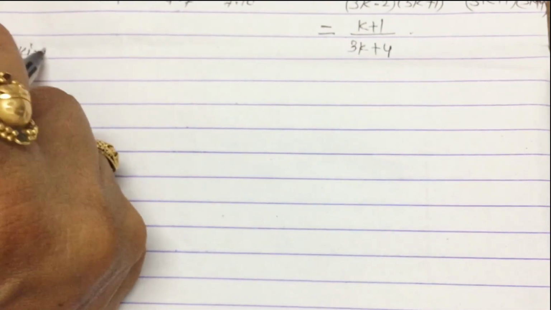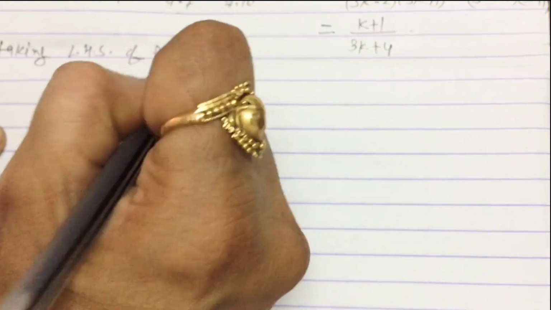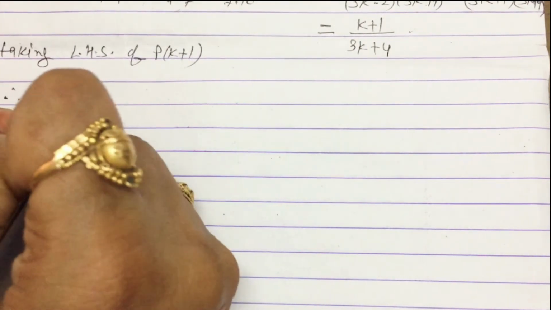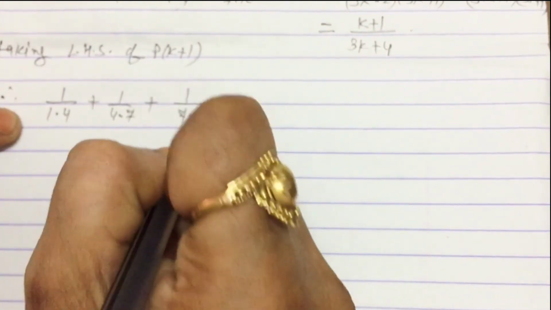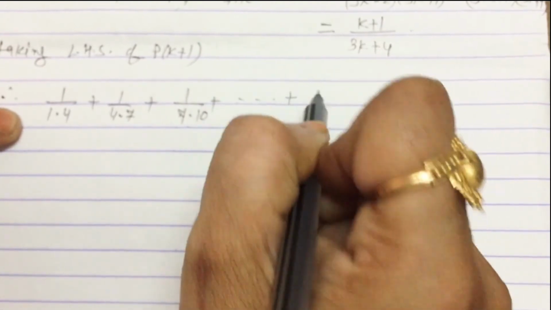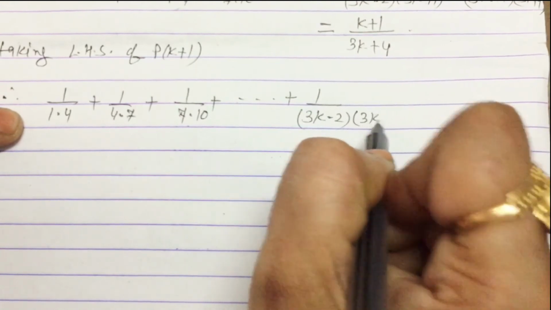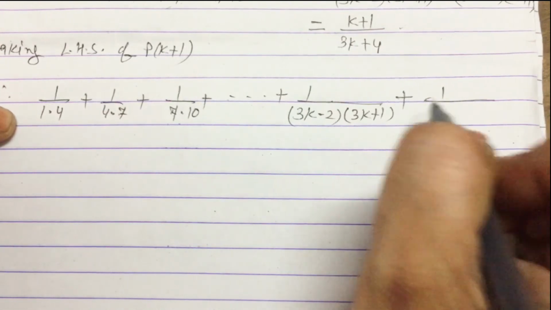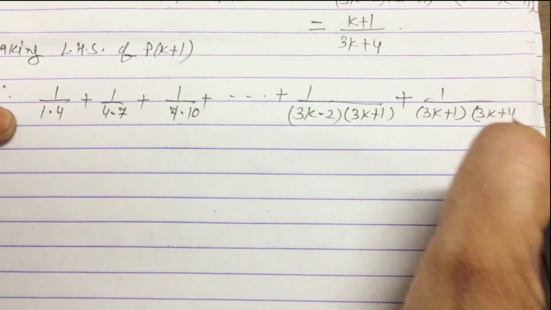Okay, and now taking the left hand side of Pk plus 1. Okay, so it is 1 by 1 into 4, 1 by 4 into 7, 1 by 7 into 10, and here it is 1 by 3k minus 2 into 3k plus 1 plus here it is 1 by 3k plus 1 into 3k plus 4.